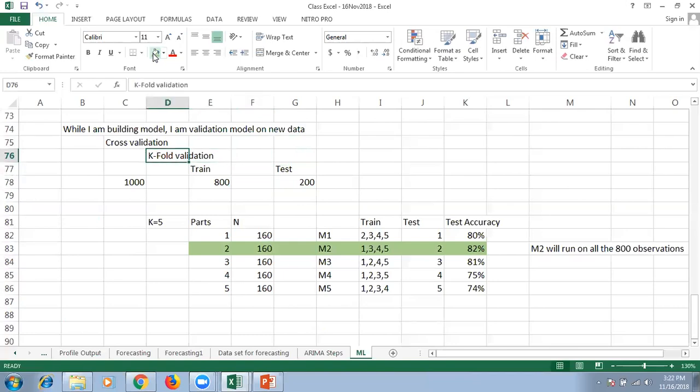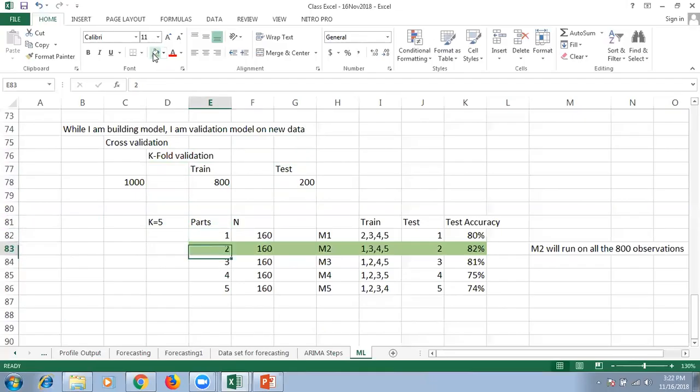If K equals 5, this will be decided as 5 times. If K equals 10, it will be 10 times. So the K will be changing. If K is 5, it will divide the data into 5 parts and build 5 models. If K equals 10, it will divide the data into 10 parts and build the model 10 times.